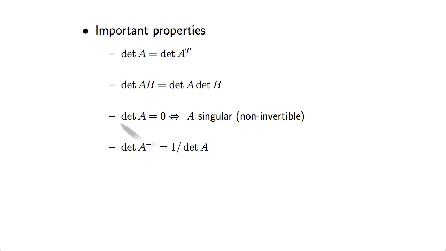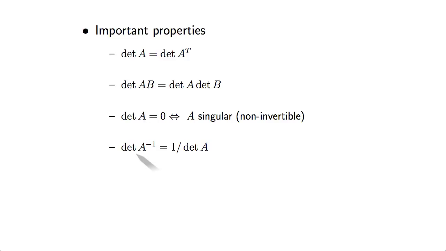Third, and this is a very important property relating to matrix inverses, is that the determinant of A being equal to 0 is equivalent to A being singular. Remember, this means A being singular means A does not have an inverse. So A does not have an inverse if and only if the determinant is equal to 0.